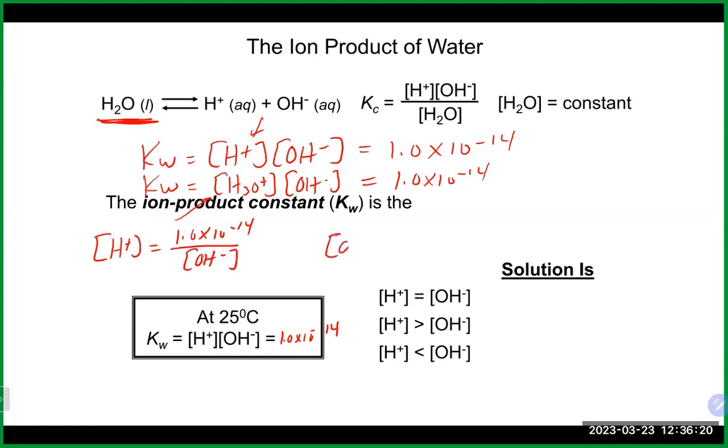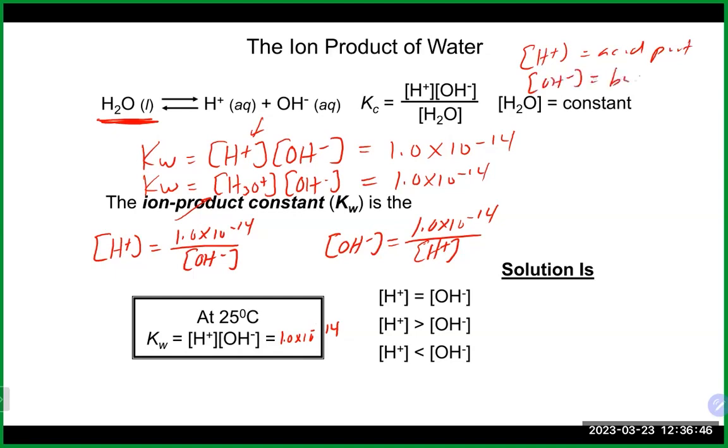Or if you have the OH minus concentration, it would be 1 times 10 to the minus 14 divided by the H plus concentration. Good news is it's basically the same calculation. You put 1 times 10 to the minus 14 divided by whichever one they give you, and it will give you the other part. You could think of the H plus part as the acid part of the solution. The OH minus is the base part of the solution.